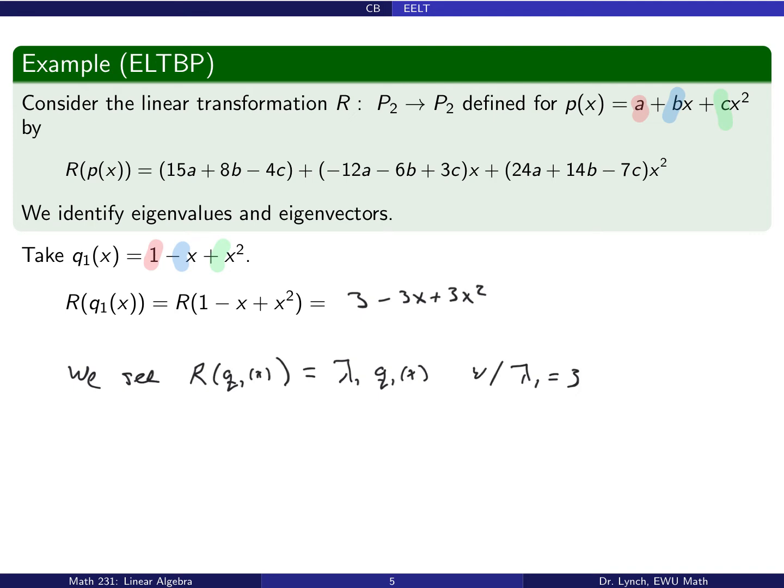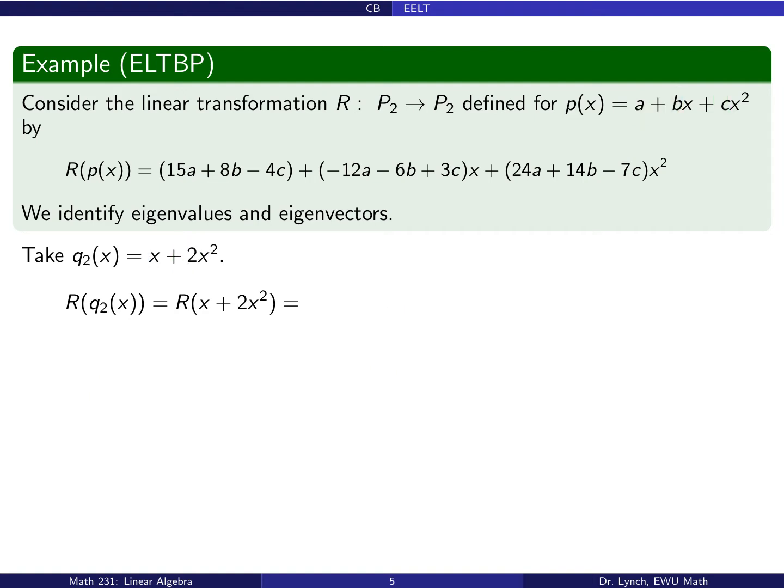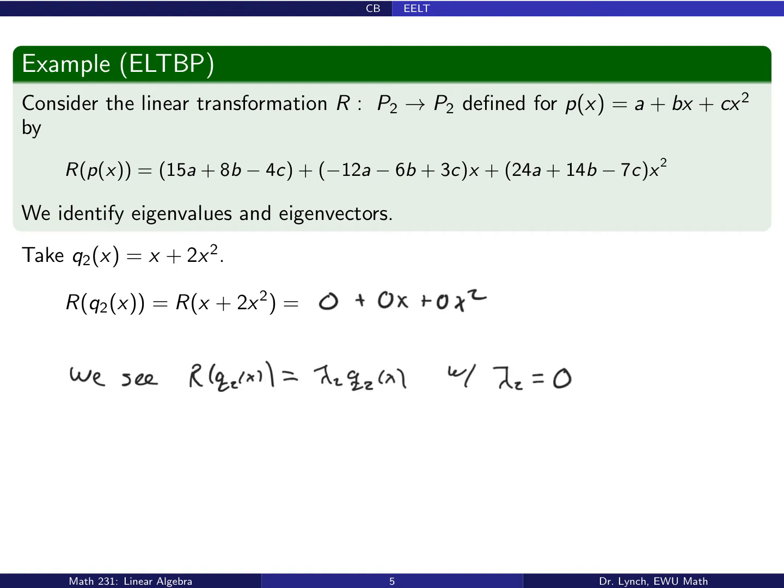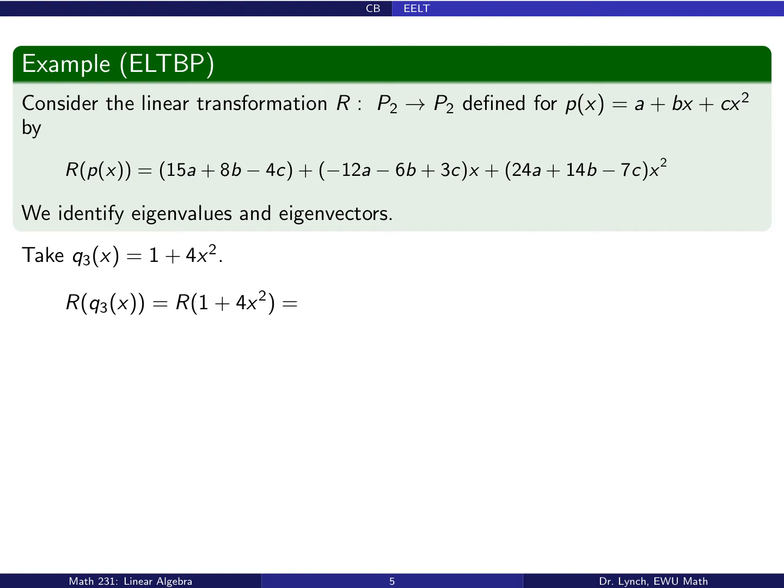So we see that the image of Q1 under this transformation R is 3 times Q1, so the eigenvalue associated with the eigenvector Q1 is equal to 3. Here's another eigenvector. Q2 is an eigenvector, as it turns out, x plus 2x squared. The eigenvalue associated with this eigenvector is 0. We see that R of Q2 is equal to lambda 2 times Q2, where lambda 2 is equal to 0.